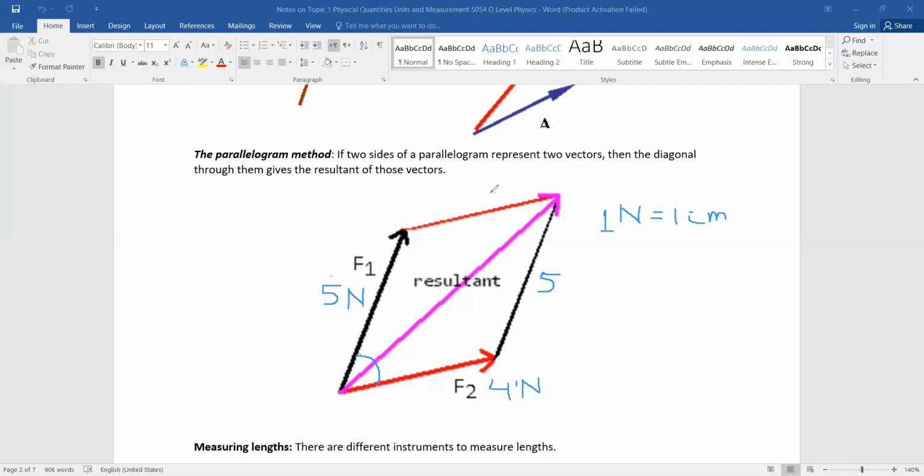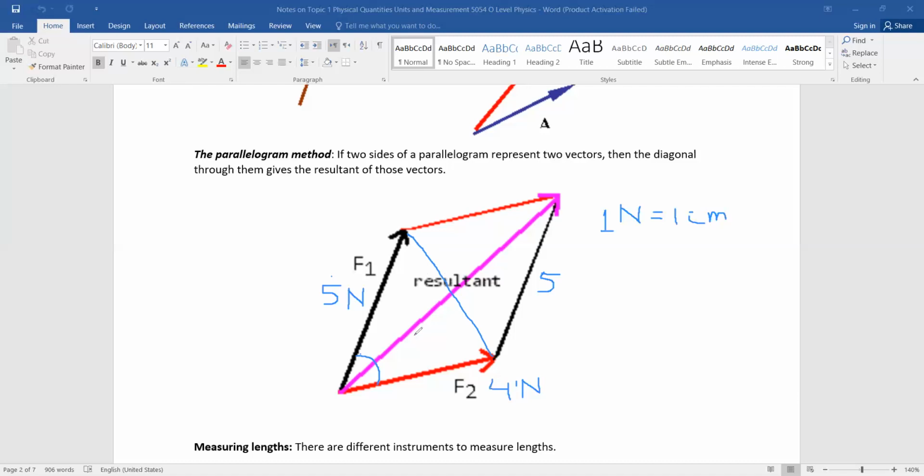After completing the parallelogram, we have two diagonals of a parallelogram, right? One is the one we have drawn here, and there is another one. This is also a diagonal, right? Okay, but which one will we take?